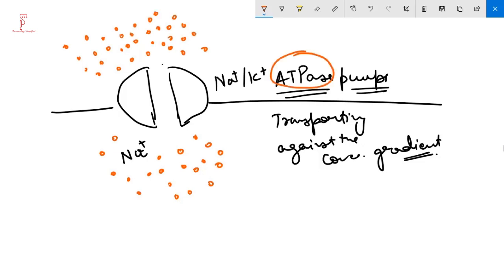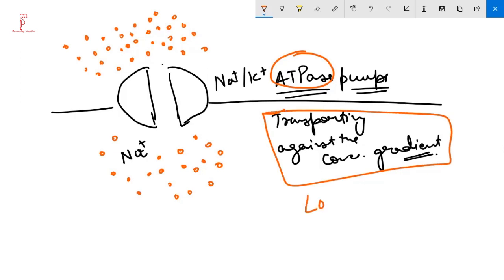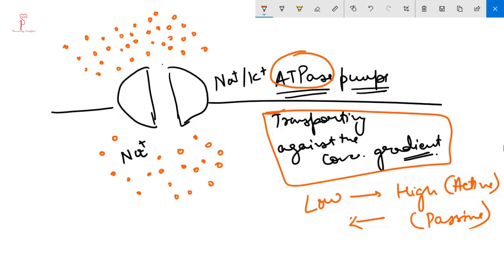Hence this ATPase pump comes into the picture, right? They transport against the concentration gradient, that means from low to high. This is active transport. And if this is high to low, we call it passive transport.